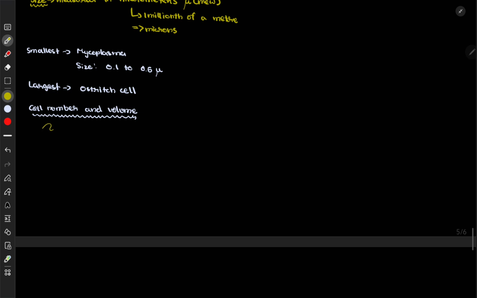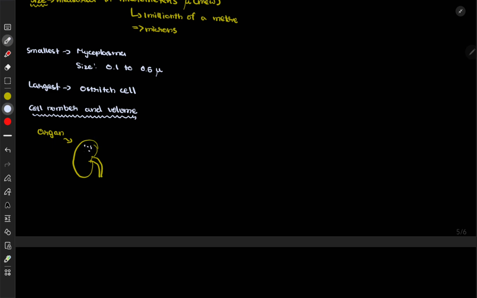Let's say you take an organ like the kidney. You have all of the nephrons.